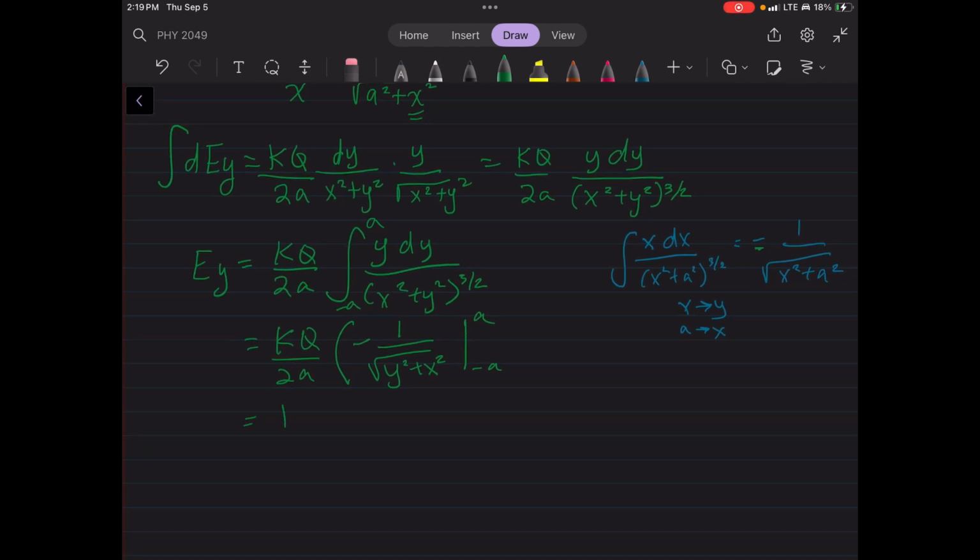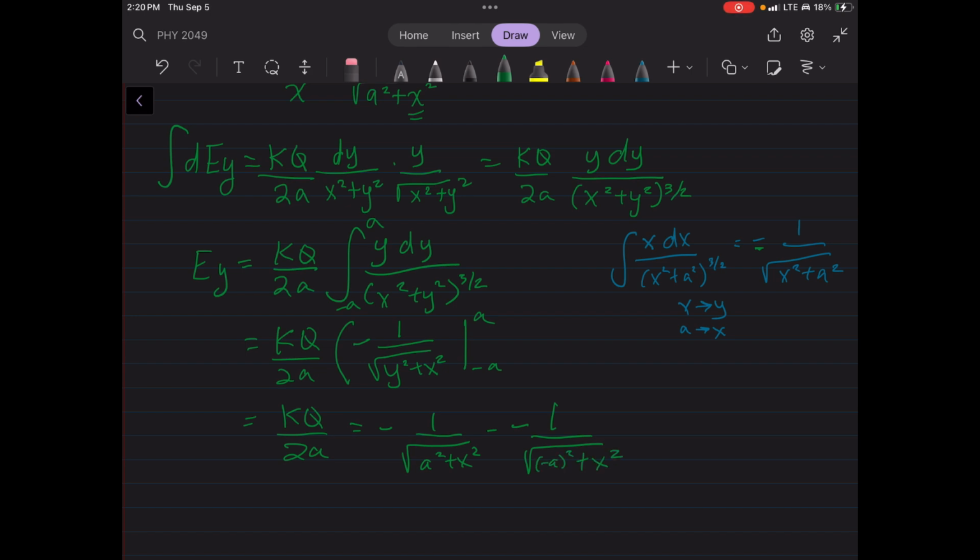So let's go ahead and do that. I have negative 1 over the square root of a squared plus x squared, minus negative 1 over the square root of negative a squared plus x squared.